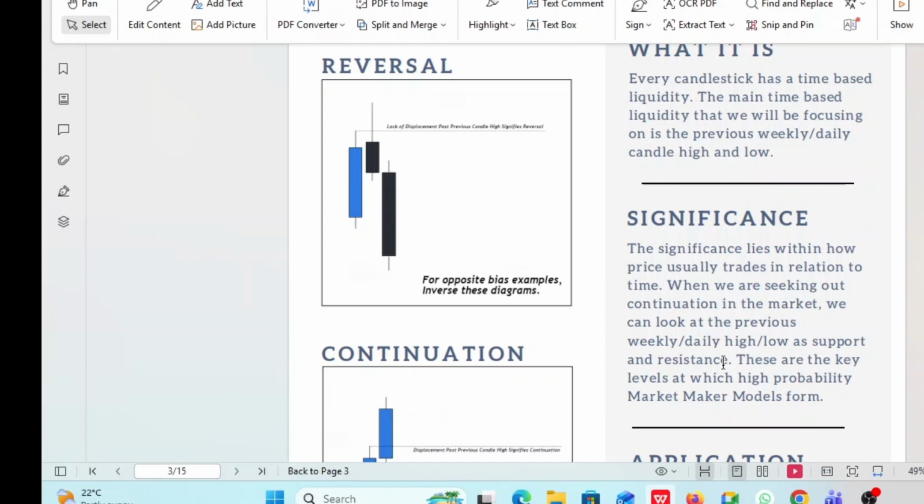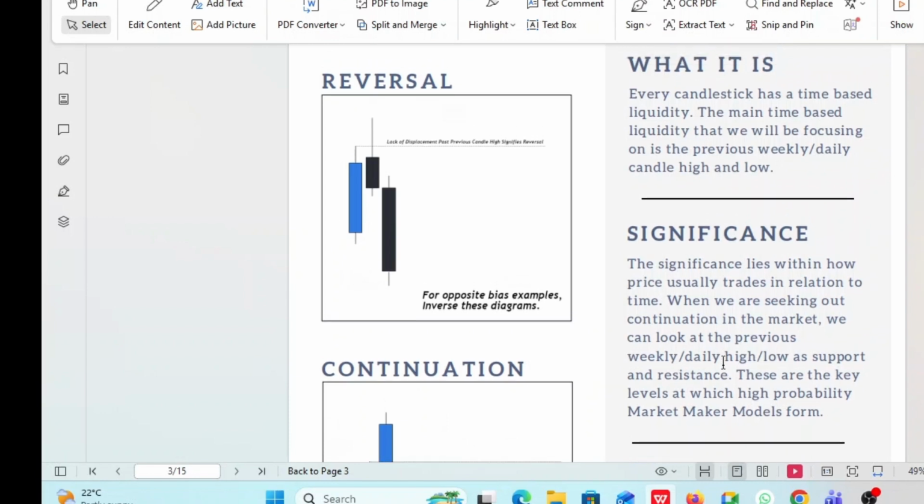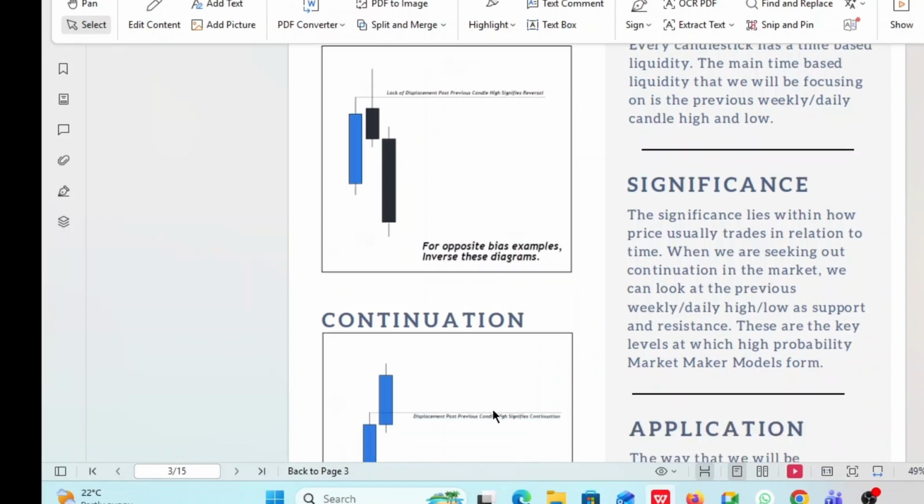These are the key levels at which the high probability models form. So this first candle here formed the range. The second one swept above the high and closed within the range, giving us a reversal candle, which means we expect the next candle to complete by sweeping the previous low. That is our target.